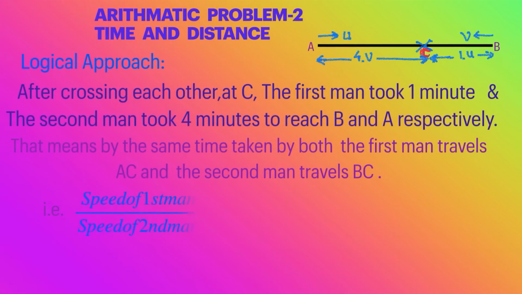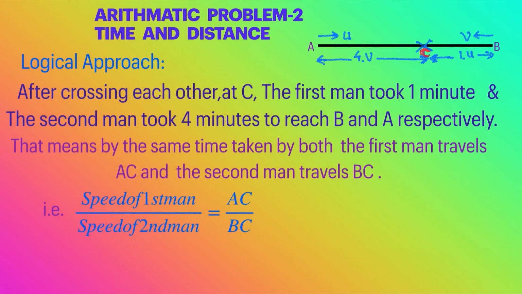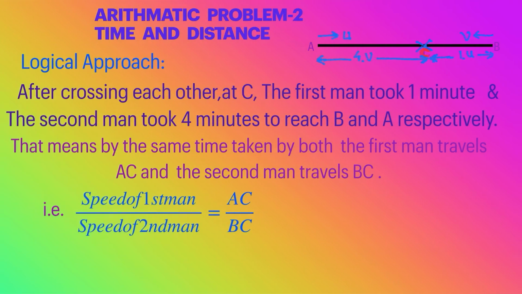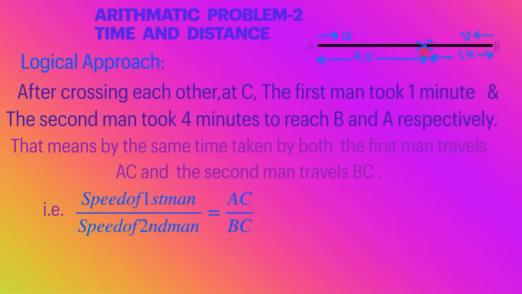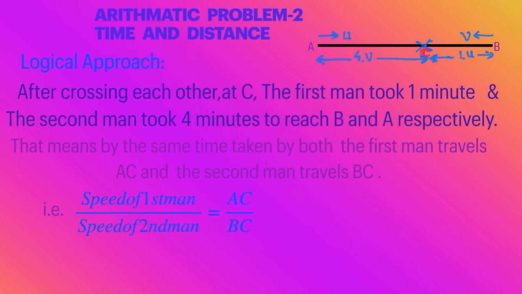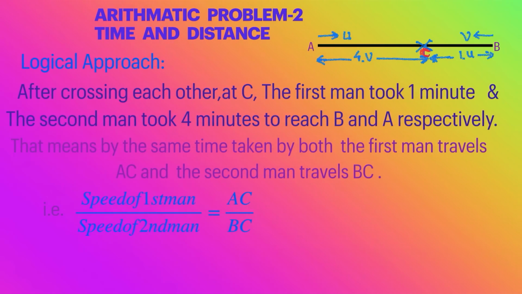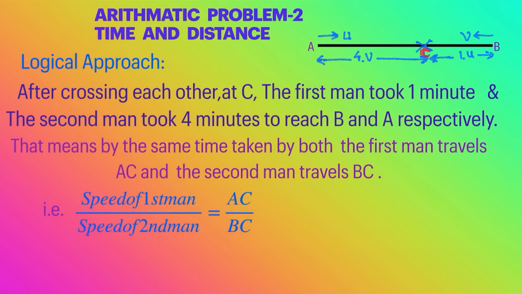So clearly AC upon BC will be equal to the first man's speed divided by the second man's speed, and therefore we have written speed of first man divided by speed of second man equal to AC upon BC.